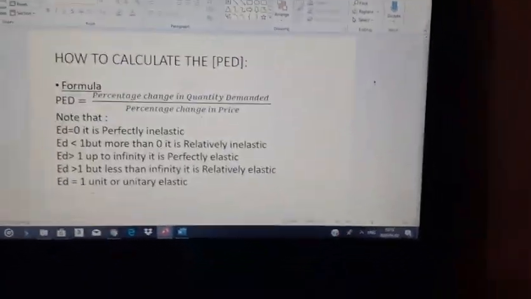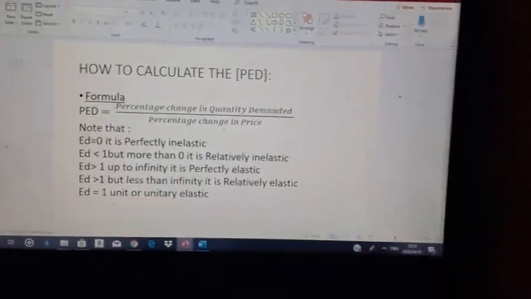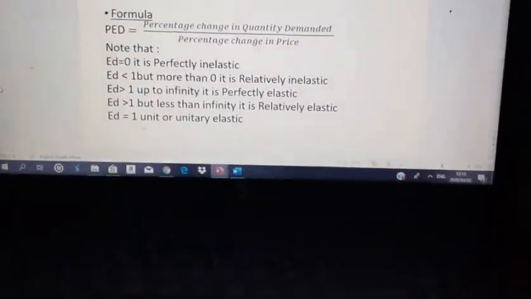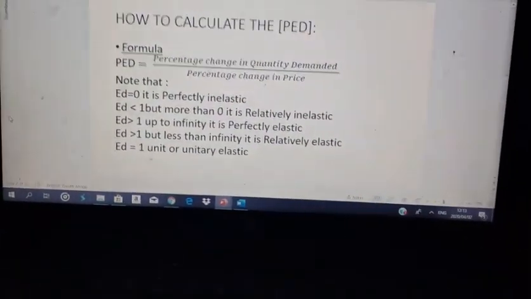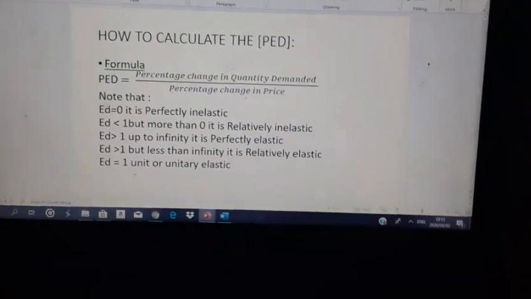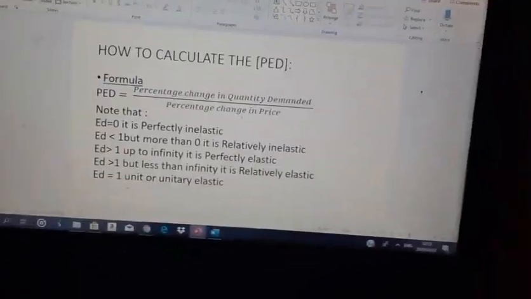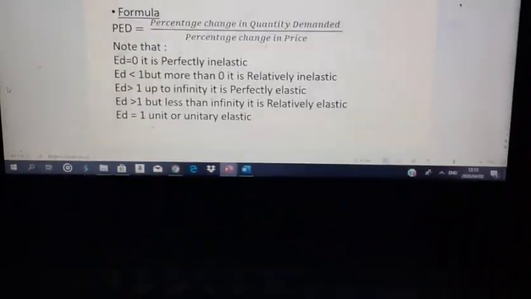Now we move on to how to calculate the price elasticity of demand. The formula here is percentage change in quantity demanded divided by percentage change in price.